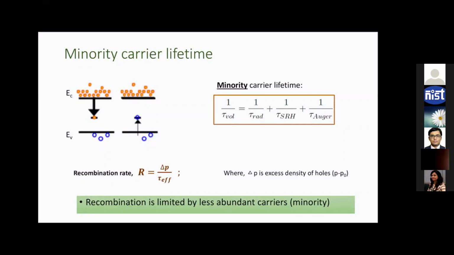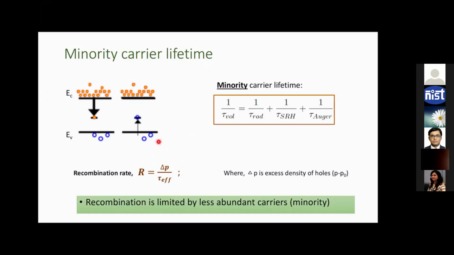Now, the very important question that comes: why is the lifetime of majority carriers not important? See, minority carriers are minority carriers because they are in a region inside your semiconductor where their number is less.